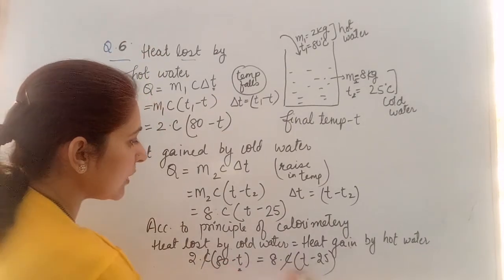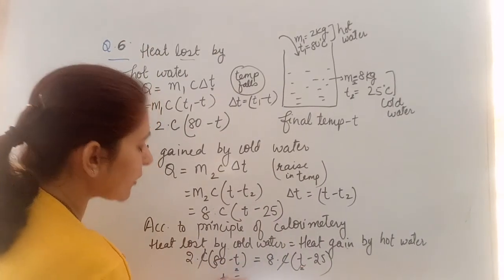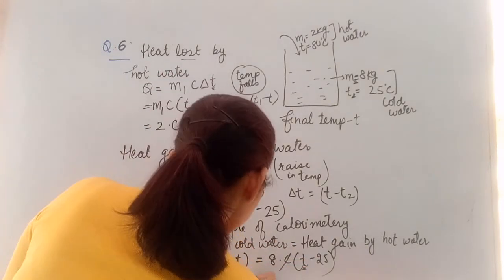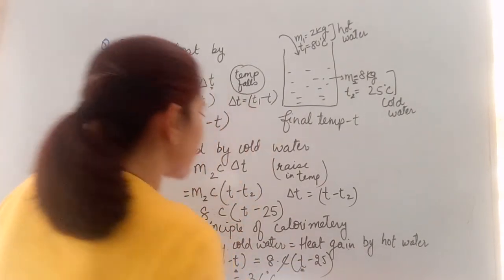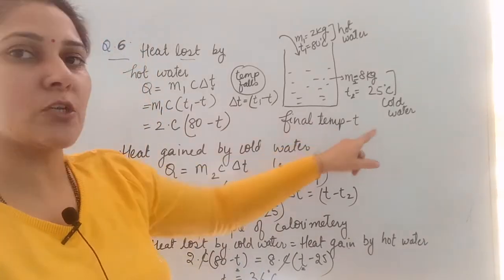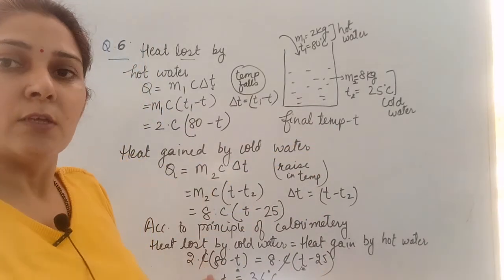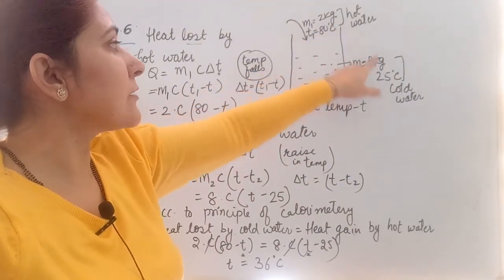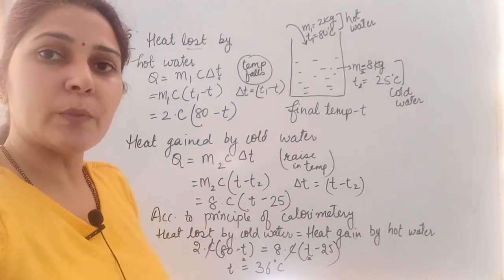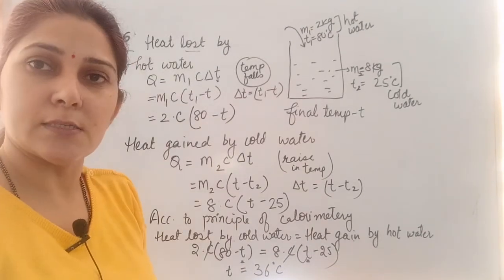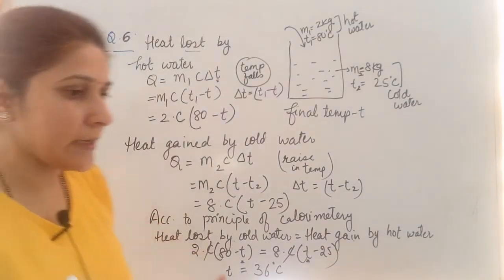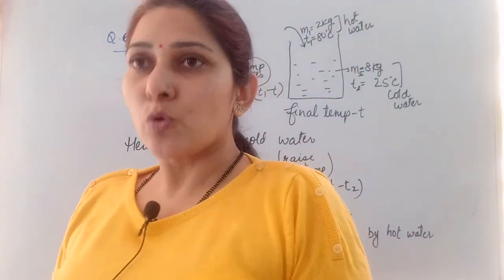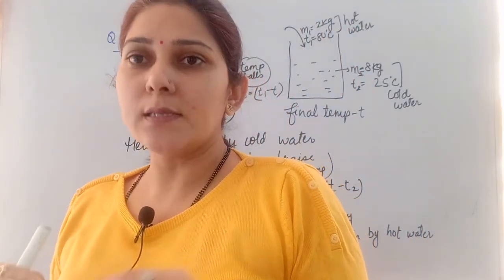And from here we have only one variable, T. So we are going to calculate the value of T from here, and you are going to get it as 36 degrees Celsius. That means the final temperature after mixing the water at 25 degrees Celsius and the water at 80 degrees Celsius will be 36 degrees Celsius. Okay, again just revise this so that you can do the rest of your numericals easily.